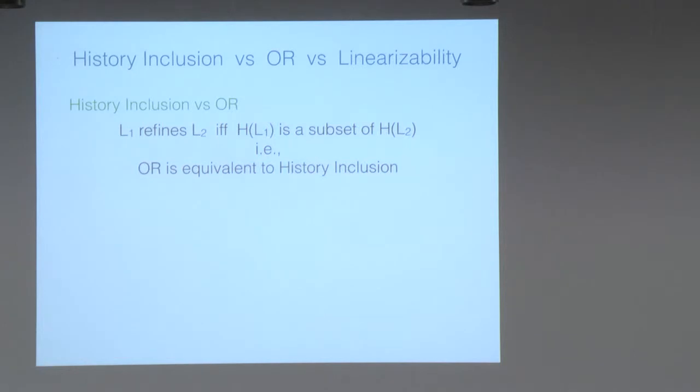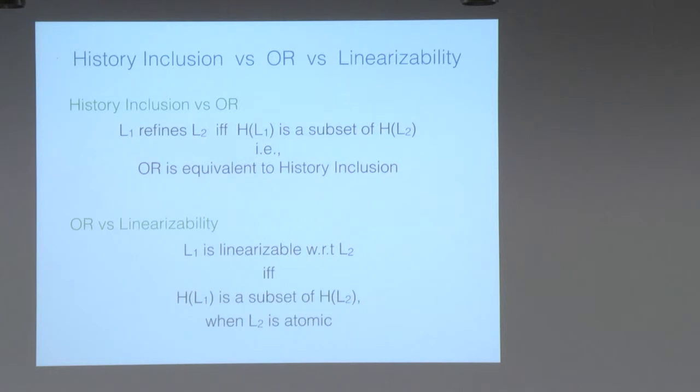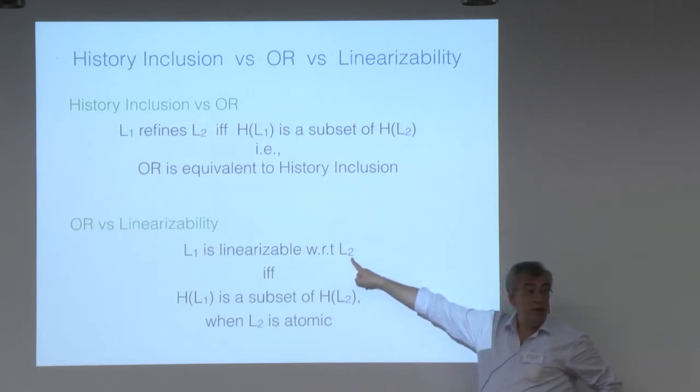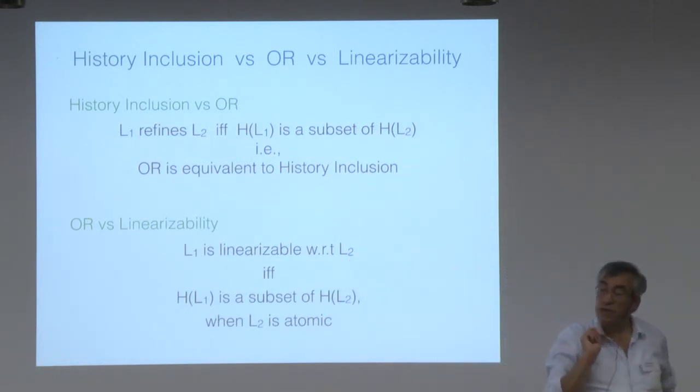So it gives you the precise characterization. Now, linearizability is equivalent to it when you assume that the library is atomic. What does atomic mean? It means that each operation, the whole stuff, is atomic, okay?